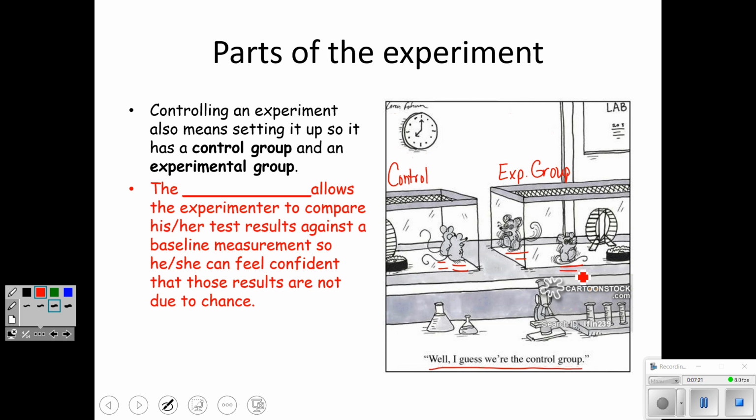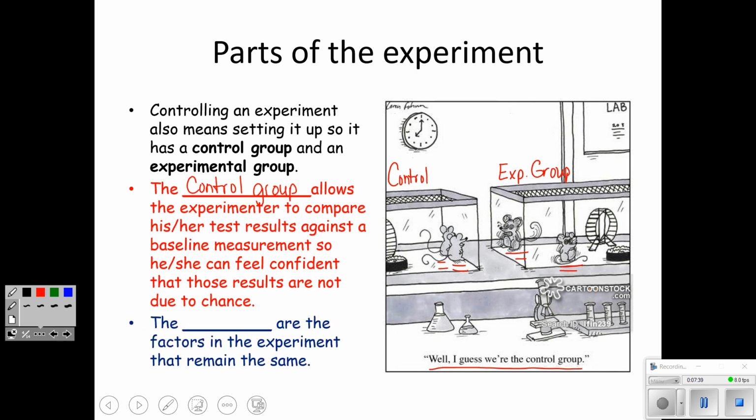So basically the control group is going to allow the experimenter to have a baseline measurement or to have something to compare their results to. So, again, difference between control group and experimental group.